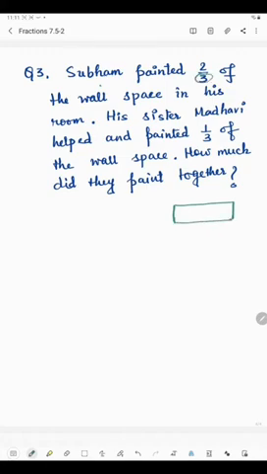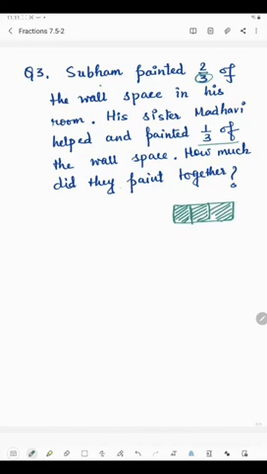That means total parts are 1, 2, 3. Total parts are 3. And out of 3 parts, Shubham painted 2 parts. Okay. And his sister Madhavi helped and painted 1 by 3 of the wall. 1 by 3 means this part is painted by Madhavi. So how much did they paint together?